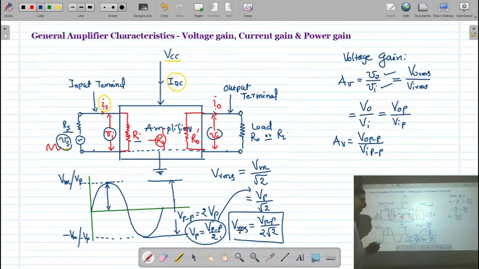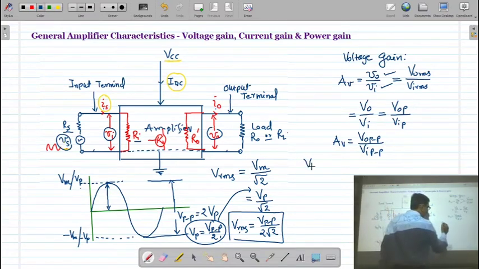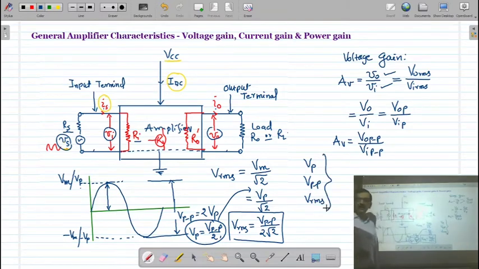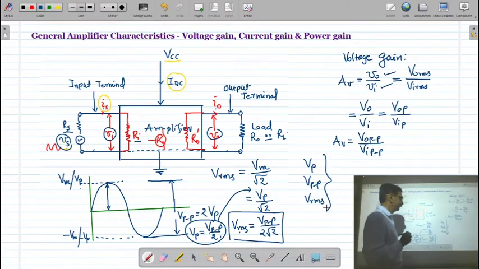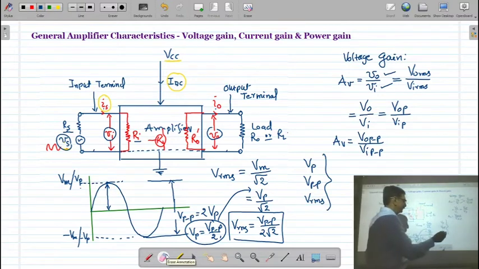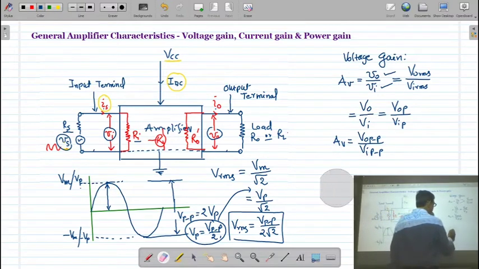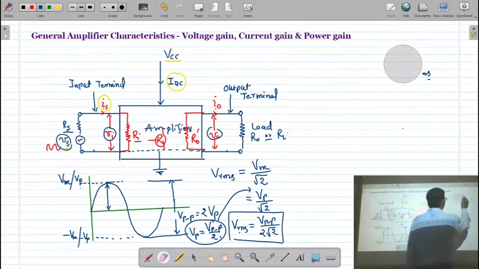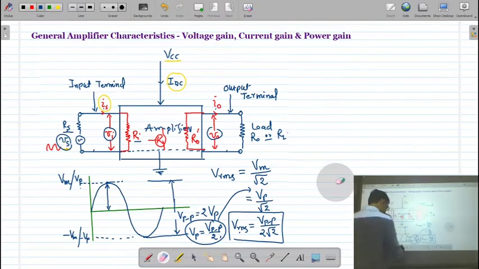Correct? So in AC, we can have a peak value, a peak to peak value, and an RMS value. You should understand the difference between these three voltages. Okay. Now, in the same way, we can calculate the current gain of the amplifier.